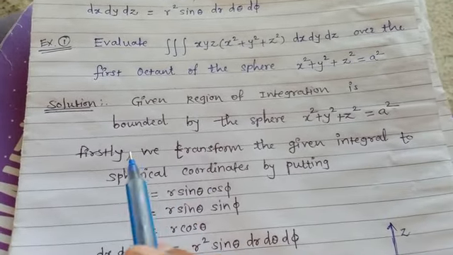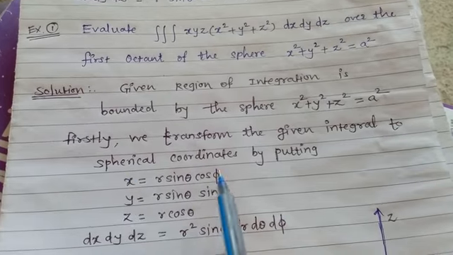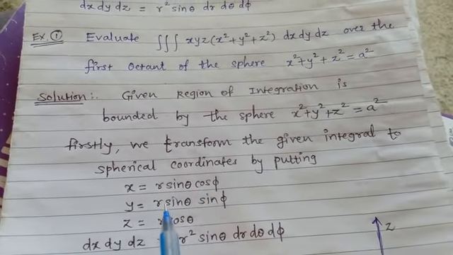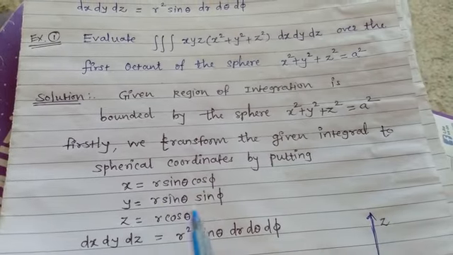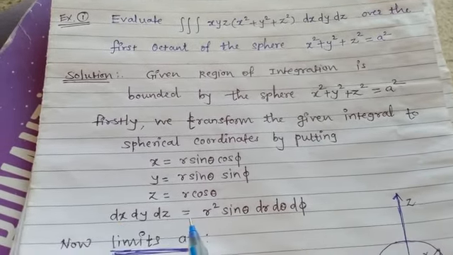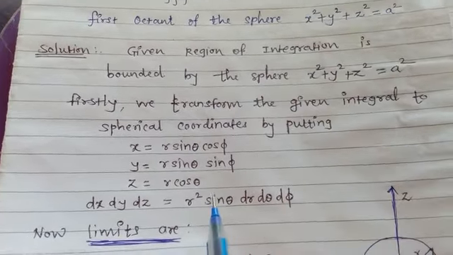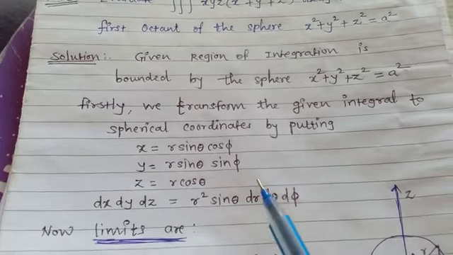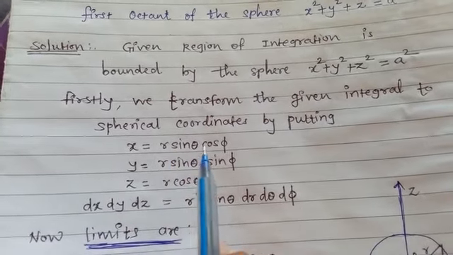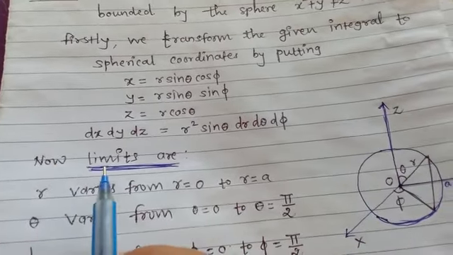So here I am writing: firstly we transform the given integral to spherical coordinates by putting x equals r sin theta cos phi, y equals r sin theta sin phi, z equals r cos theta, and dx dy dz equals r square sin theta dr d theta d phi. Now our next target is to find the limits of these spherical coordinates, that is r, theta and phi. So now we are finding the limits.